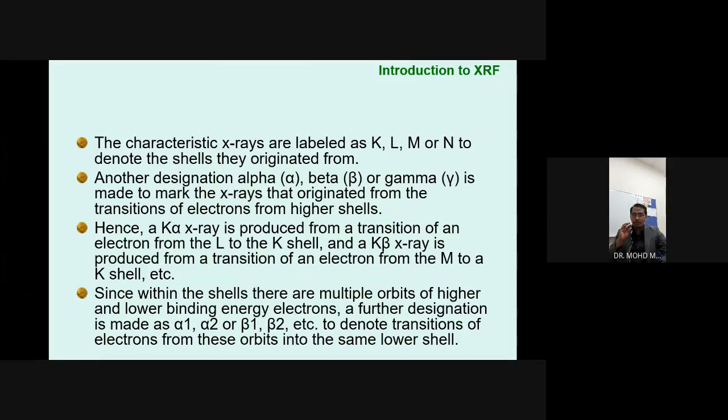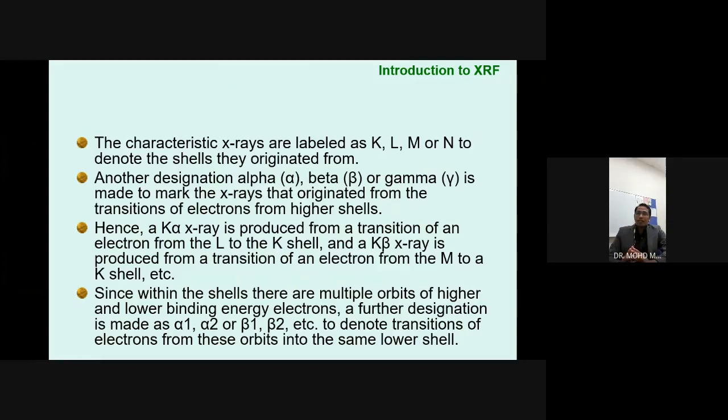For instance, a K alpha X-ray is produced when an electron transitions from the L to the K shell, and a K beta X-ray is produced from a transition of an electron from the M to the K shell. I hope you get some idea of the notation using K, L, or alpha and beta.